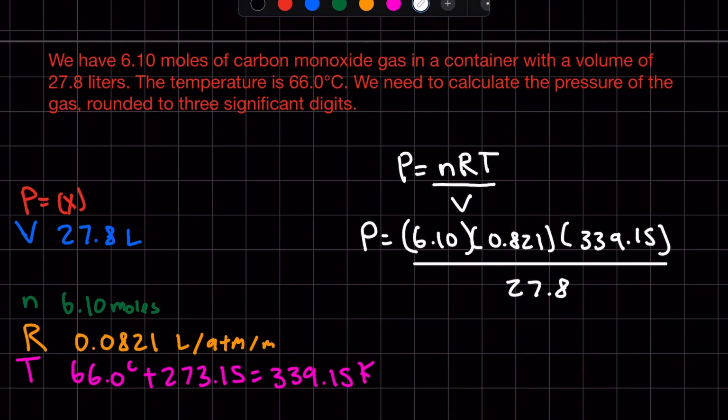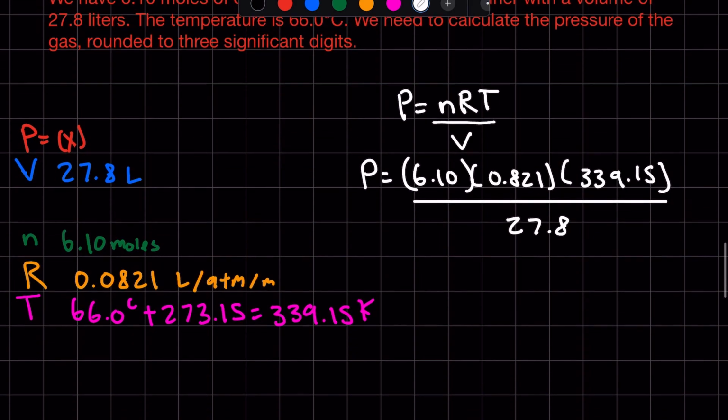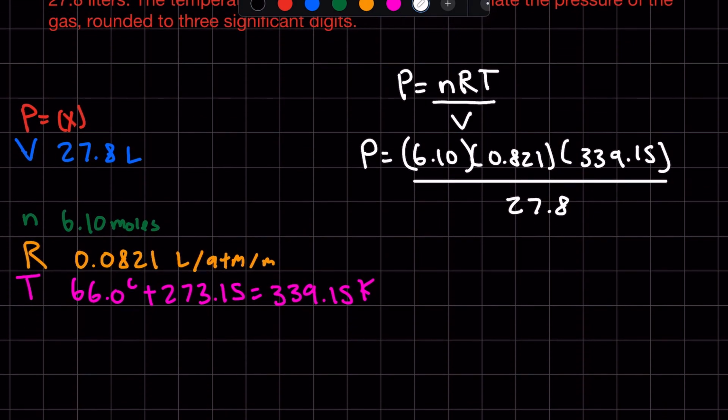So now we're just going to go ahead and calculate the value of our pressure. So first we're going to multiply 6.10 times 0.0821, and that's going to give us 0.50081.